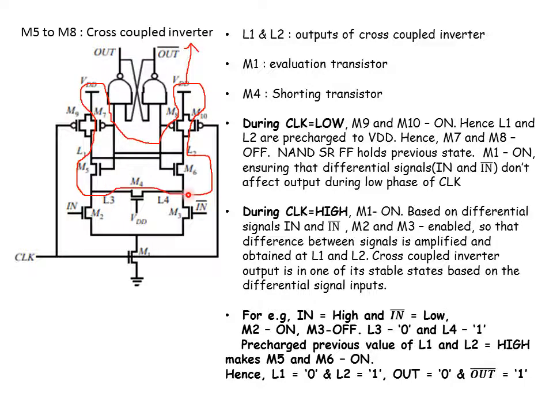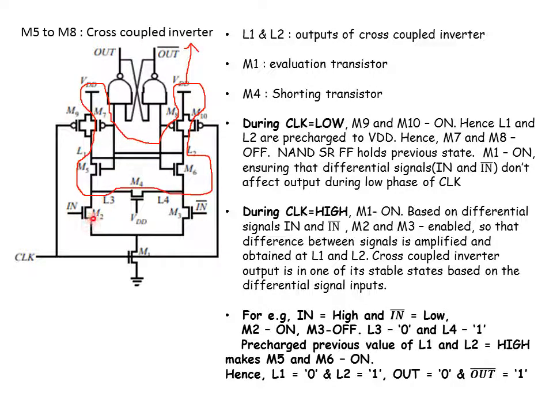At the same time, the previous values of L1 and L2 were equal to VDD. This VDD will turn M7 off, and at the same time it will also turn M8 off. The same thing is applied to M5, and 1 is also applied to M6. So the previous values of L1 equal to L2 equal to VDD will turn on M5 and M6.